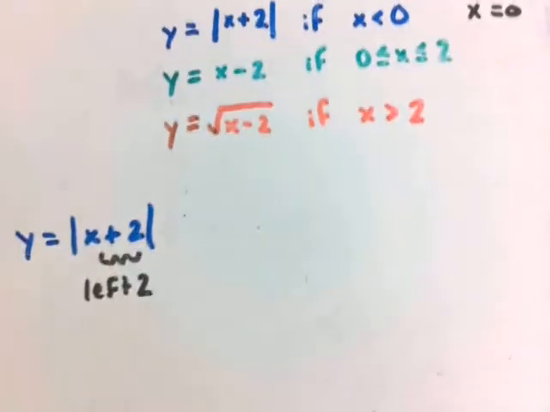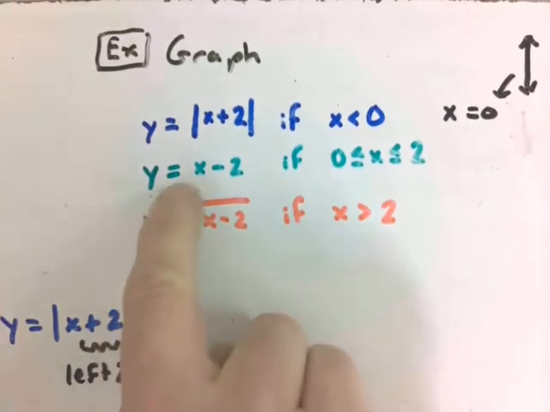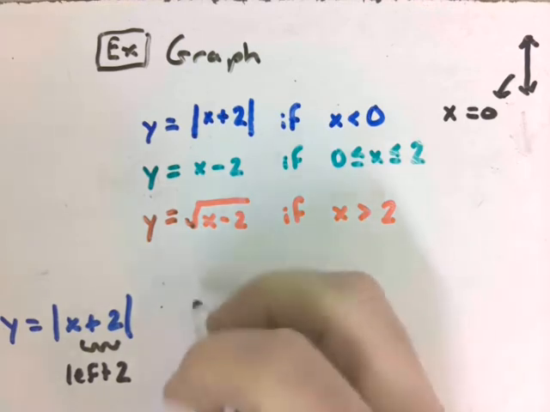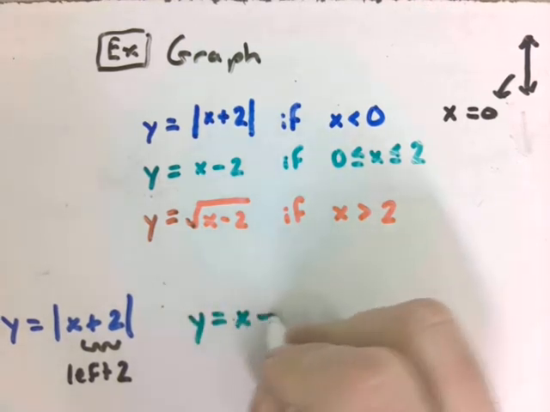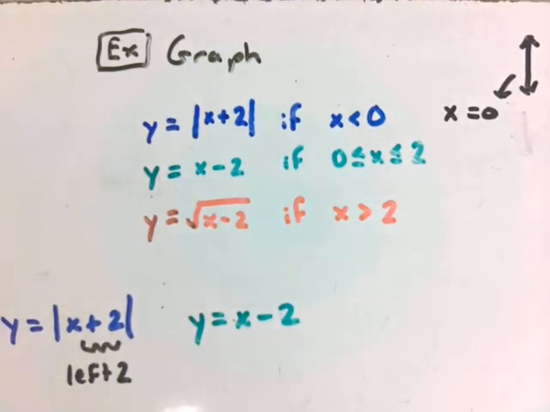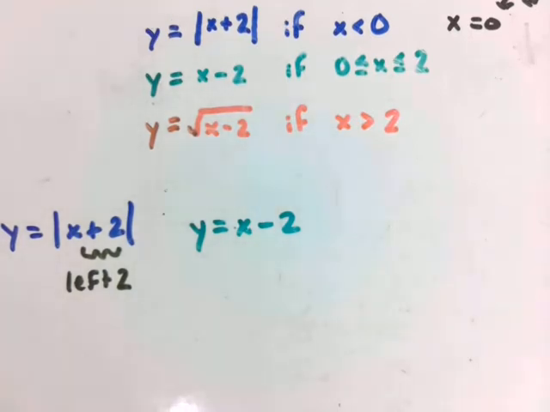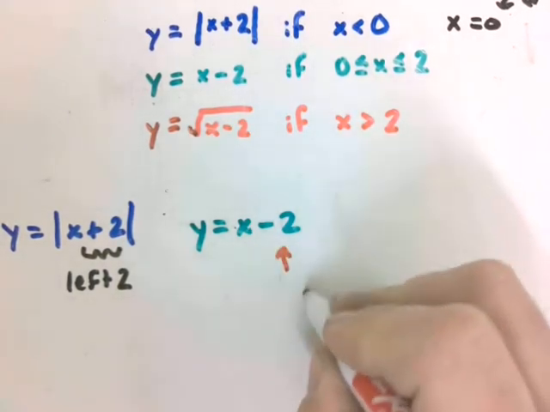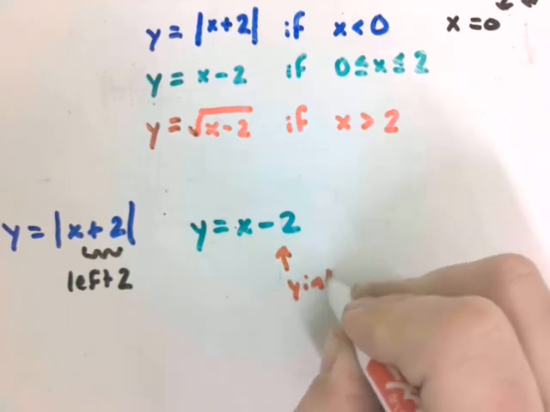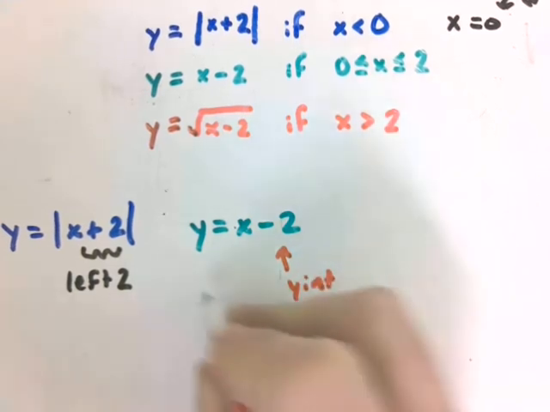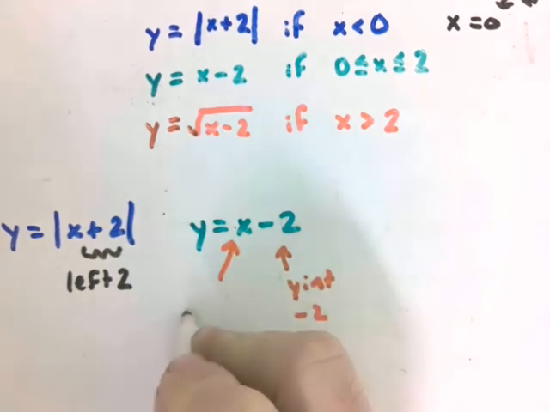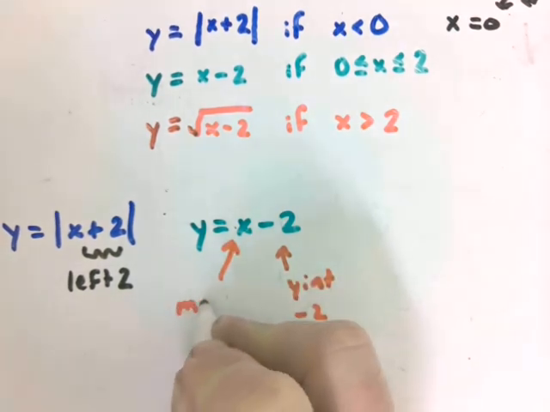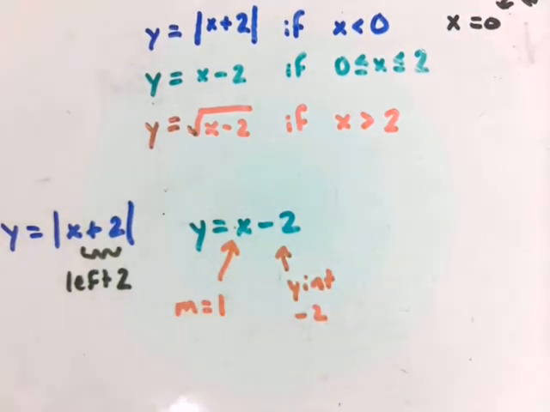The second part of our graph, we're going to be looking at the line y equals x minus 2. That is a line. It is in slope-intercept form. So b, our y-intercept, is at -2, and our slope, m, is equal to 1.